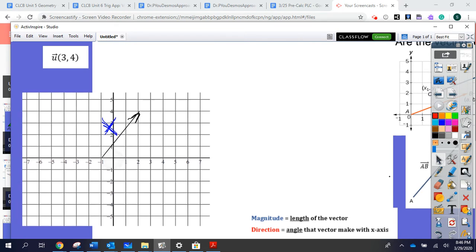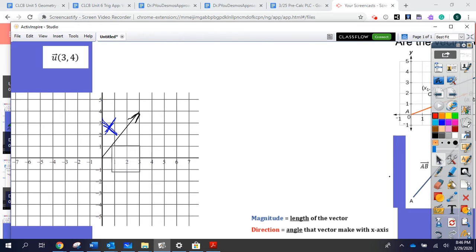So let's draw this line to see the leg better. So this leg is 3. I hope that you can see better. So this is 3. And the other leg, the vertical one, is 4.